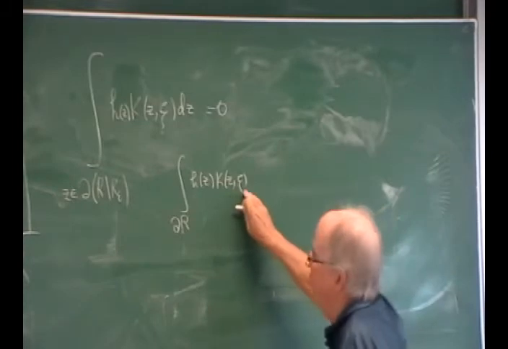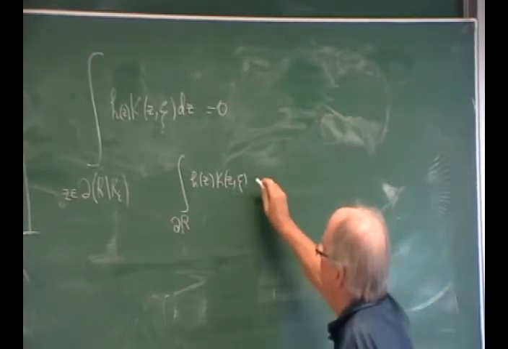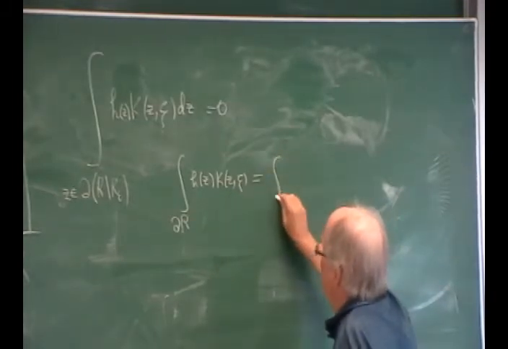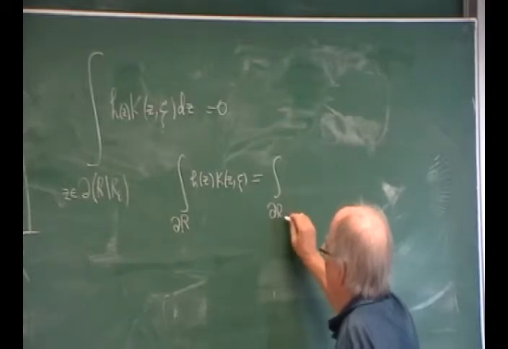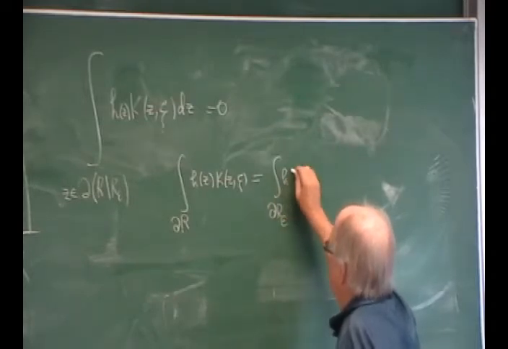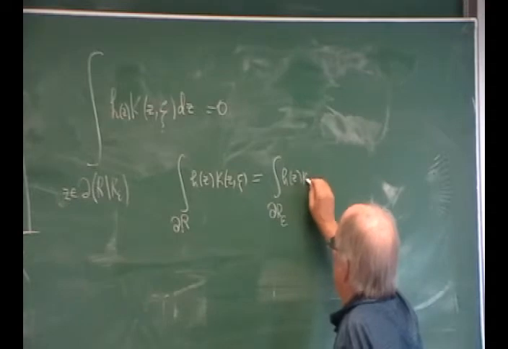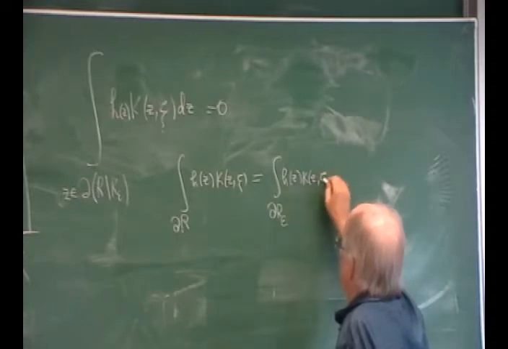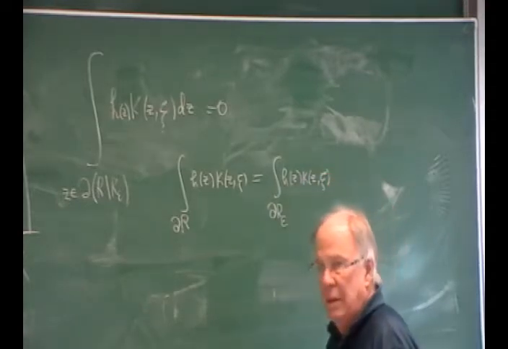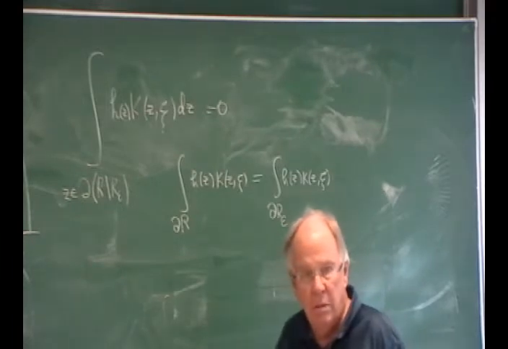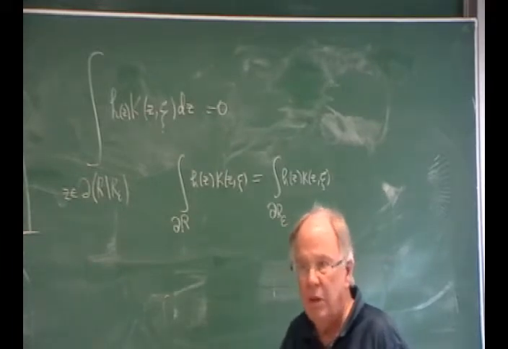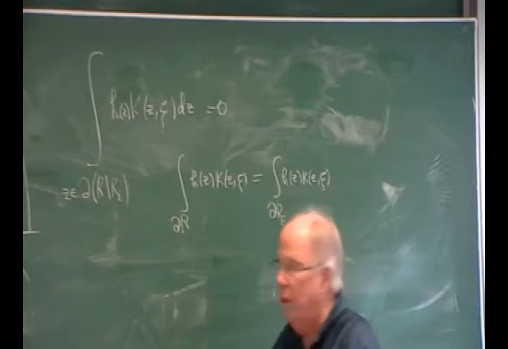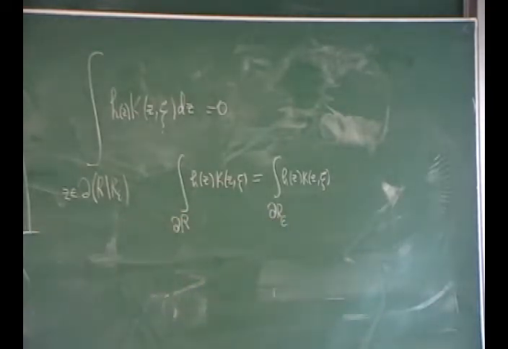This thing is equal to the integral around the small boundary of h of z, Cauchy kernel, zeta, around the small boundary. The integral around the two boundaries is 0. The orientations are different, so you get the right sign.